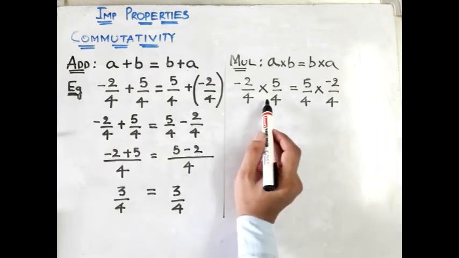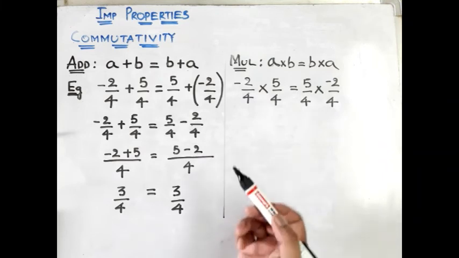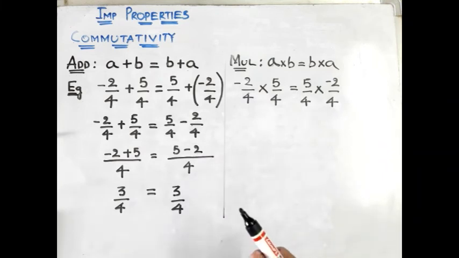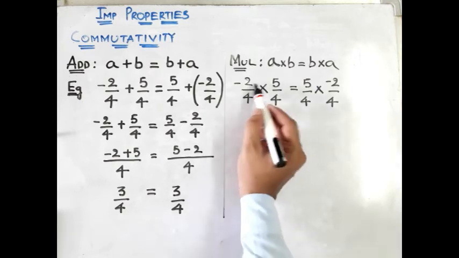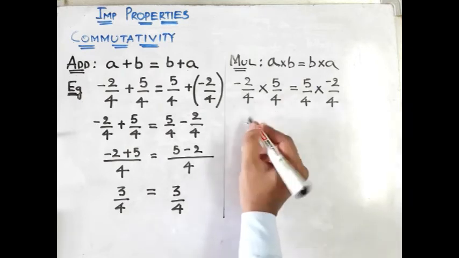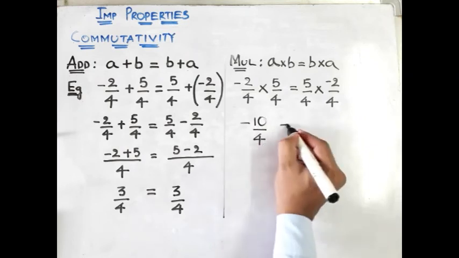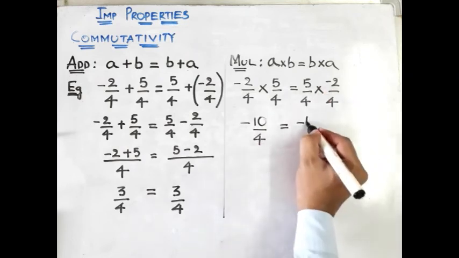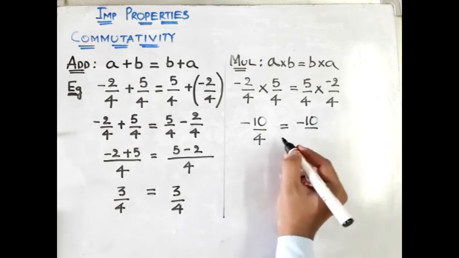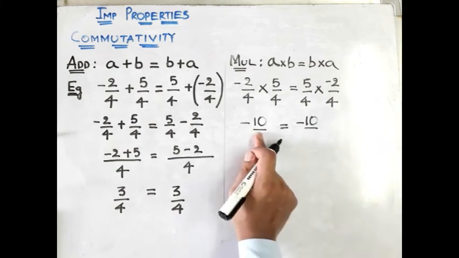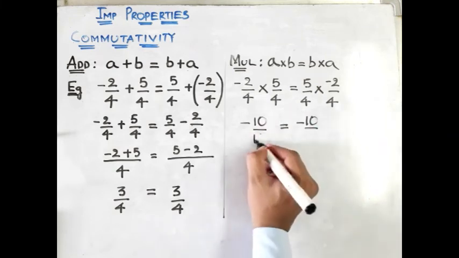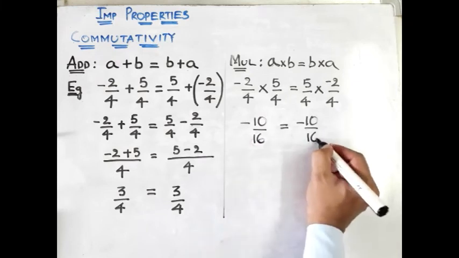As the denominators are same, we can go with the multiplication. Even with different denominators, multiplication doesn't cause any problem. Minus 2 into 5, minus 10 by 4 fours, 16. Here also 5 into minus 2, minus 10 by 16.